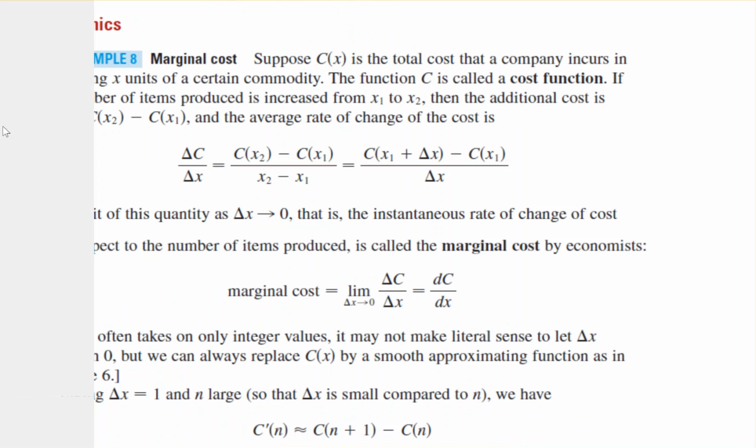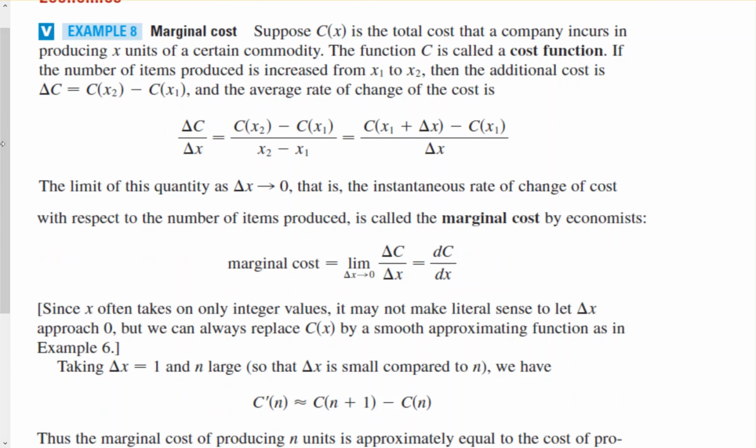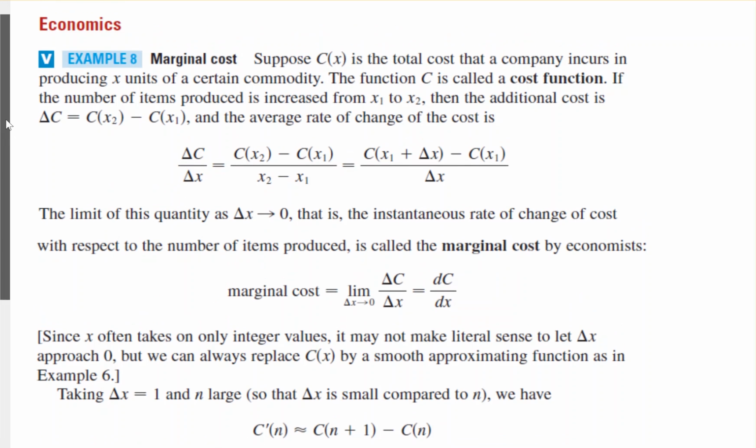Okay, marginal cost in economics. Suppose C of x is the total cost that a company incurs in producing x units of a certain commodity. The function C is called a cost function.